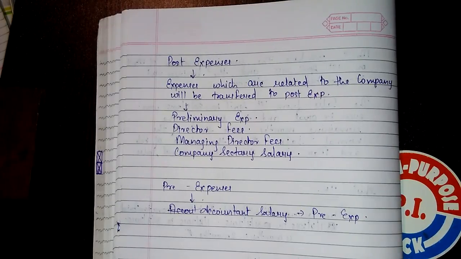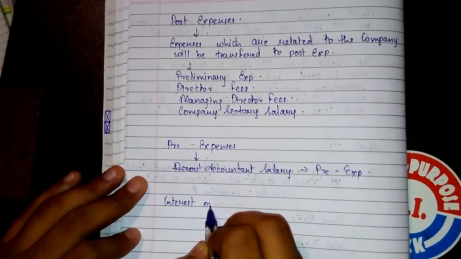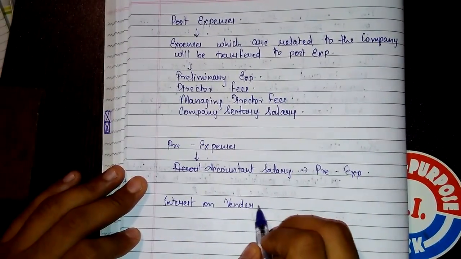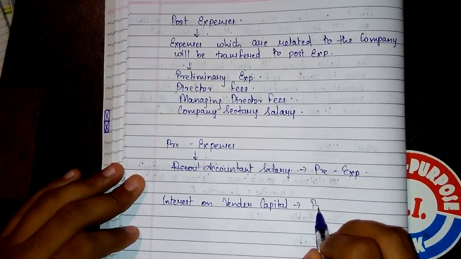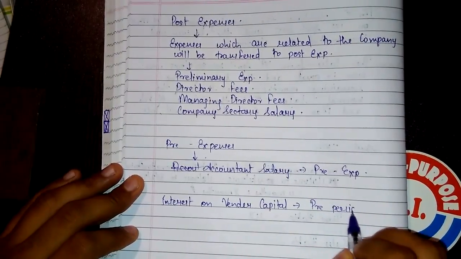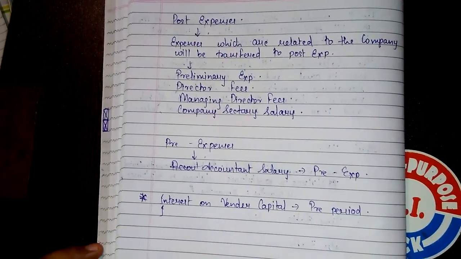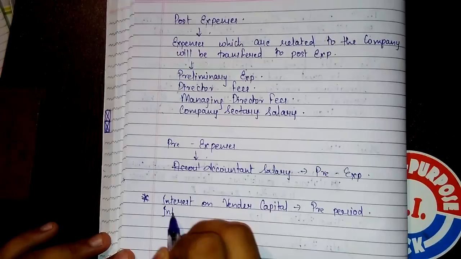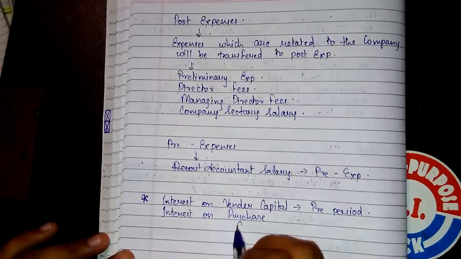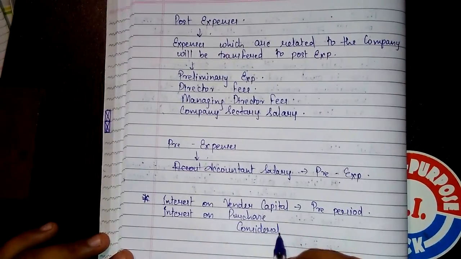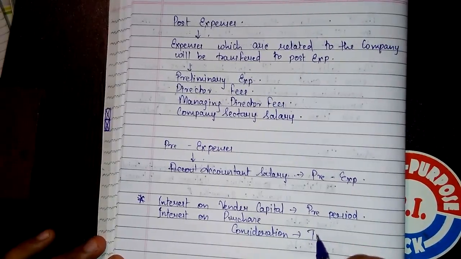One more last thing I want to teach is interest on vendor capital, which will go in the pre-period only. And interest on purchase consideration will go in the time ratio.